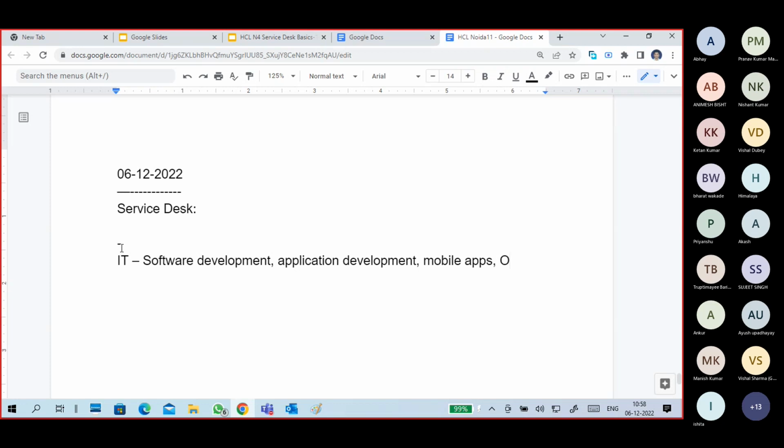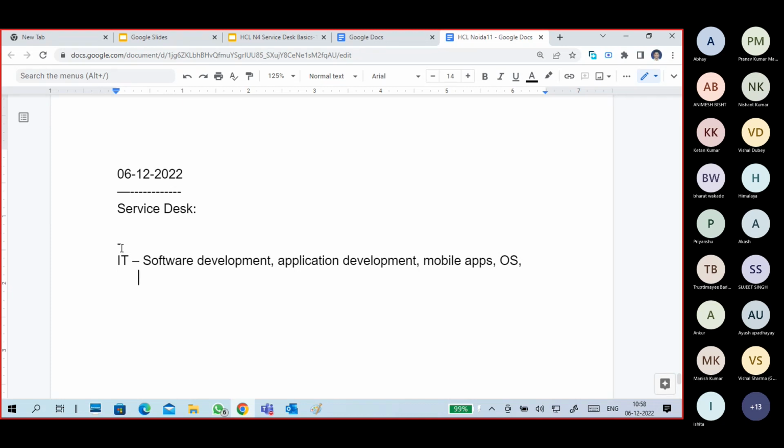Operating systems are different, like Windows, Linux-based operating systems, and Mac operating systems. So the OS-related part is also one area we know.